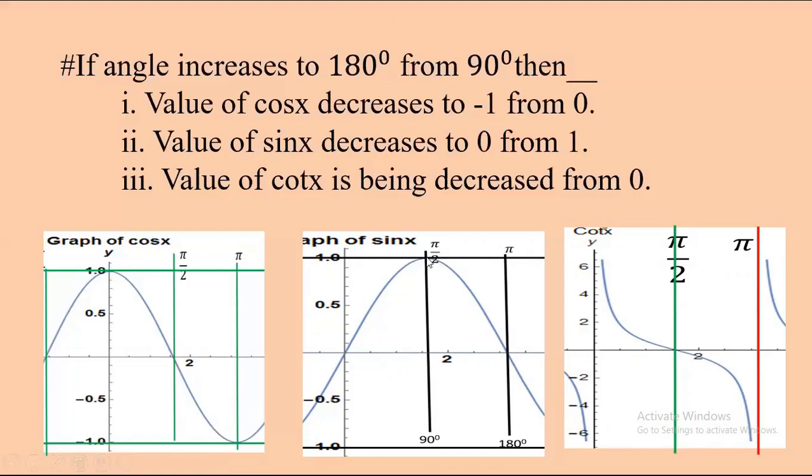It decreases to 0 from 1. This is also correct. And the value of cot x is being decreased from 0. So this is 0 for pi by 2, and it is pi, and it is decreasing. So all three options are correct.